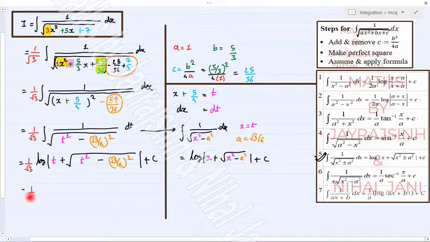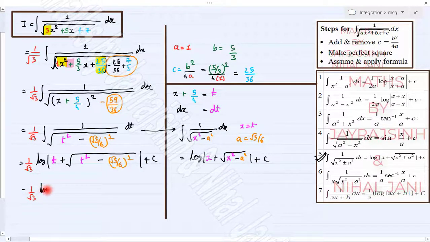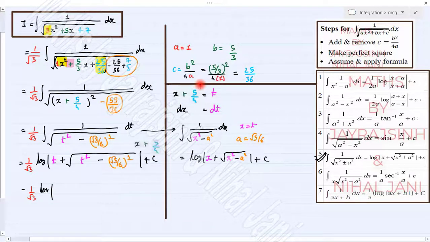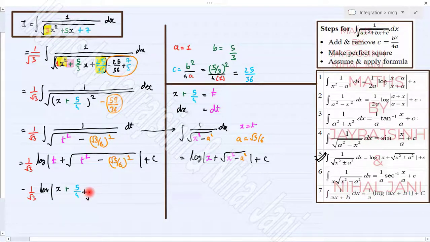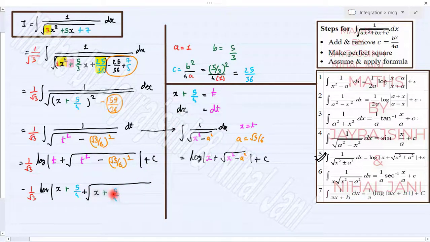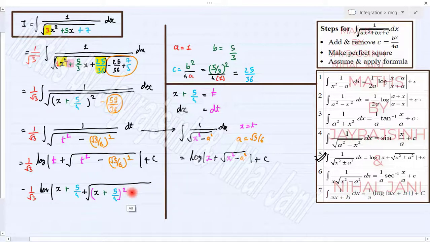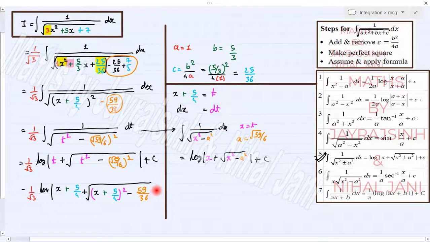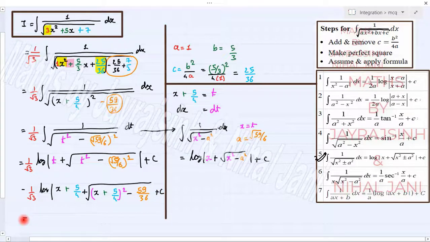Now, to get the final answer, we just have to substitute the value of t, which we assumed as x plus 5 by 6, and we'll get 59 by 36 plus c.